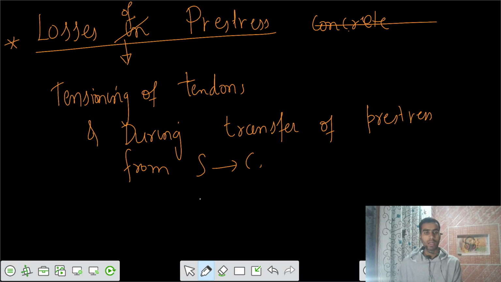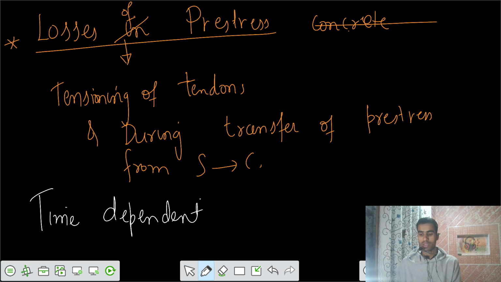One is time independent, which we call immediate, and one is time dependent.